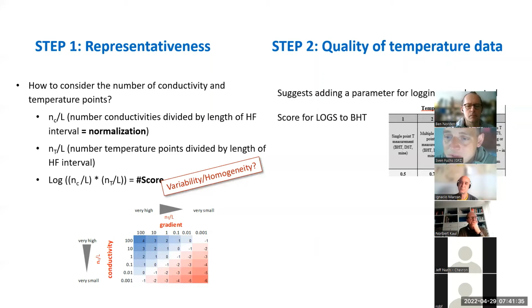The question is whether those rough one-dimensional classifications should be extended to a kind of matrix, like we have done for the conductivity, and whether we want to include those time frames as well, to have a bit more matrix style evaluation here, whether this makes sense or not, because the information about the shut-in times is included in the database, so we could use it, at least from they are included as a database item.